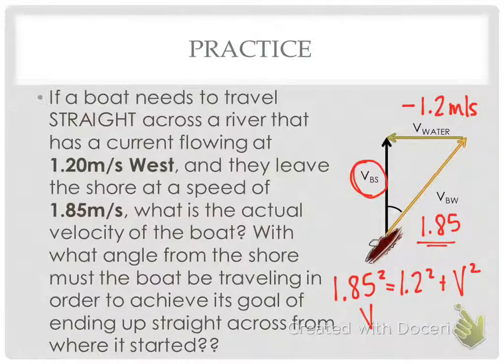So I got the velocity of that boat is actually moving at a speed of 1.41 meters per second. Okay, that's its actual speed relative to the current, relative to what it thought it was leaving at. It's actually moving at 1.41 meters per second.